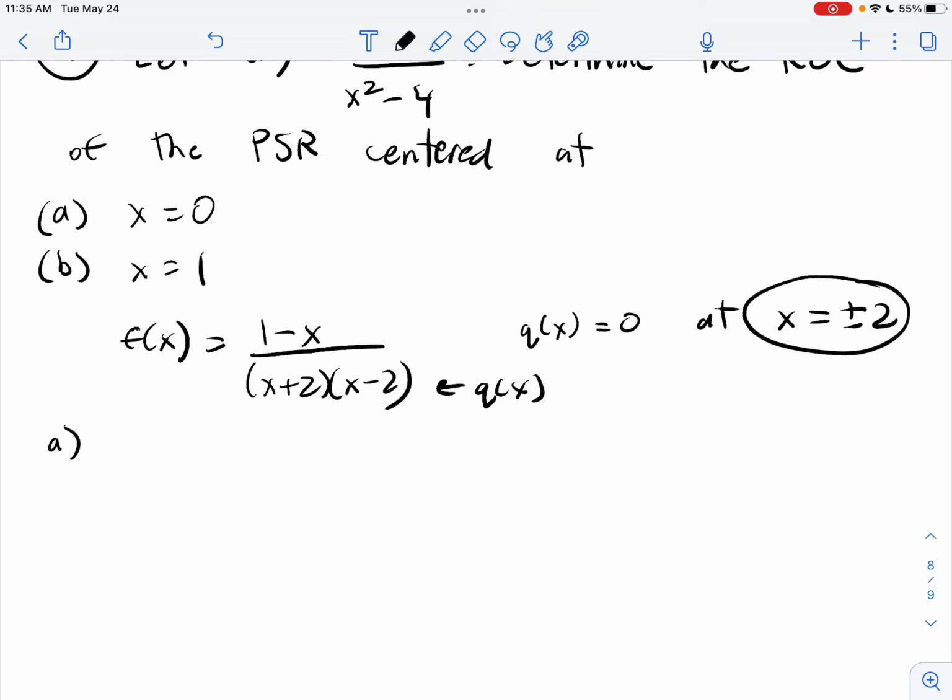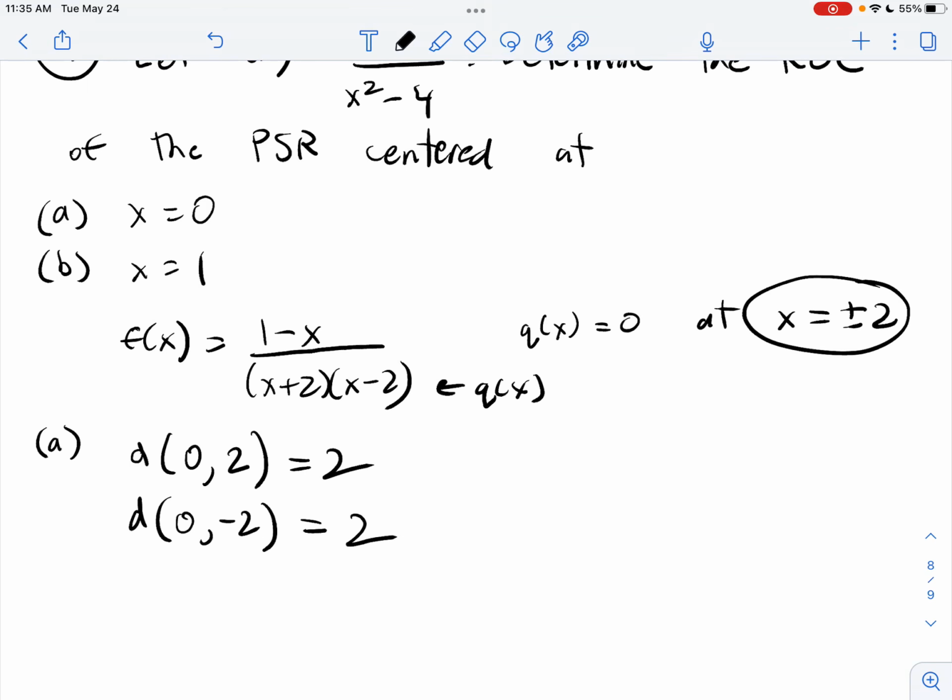And so what are we going to do? So for part A, we're going to start by taking the distance. What's the distance from 0 to 2? It's just 2. What's the distance from 0 to negative 2? It's also just 2.